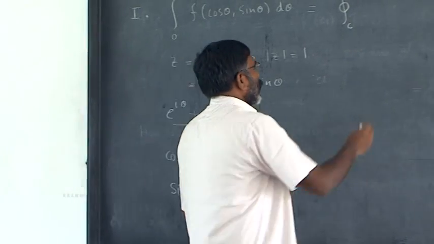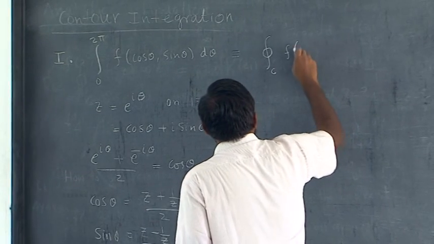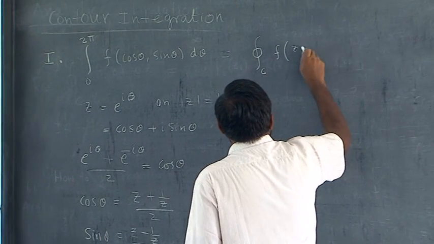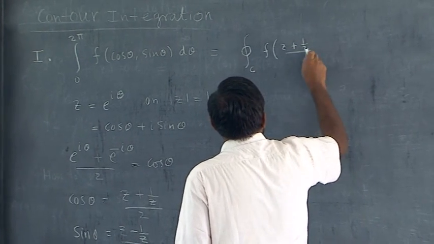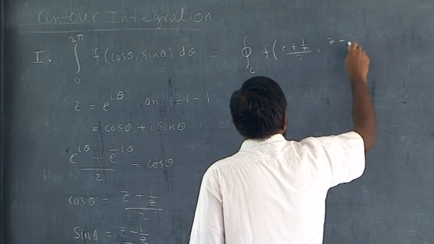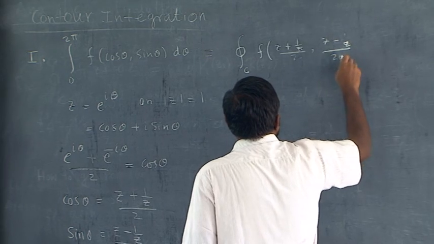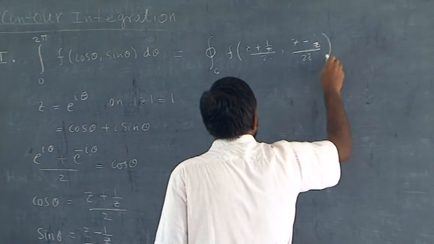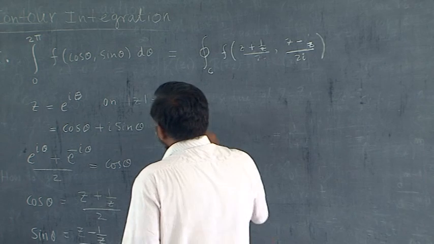So you write this as f of (z plus 1 by z) by 2, comma (z minus 1 by z) by 2i, into d theta.